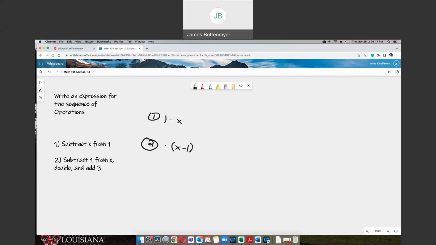And when we say the word double, that means it's going to be multiplied by 2. And then add 3. So that means we're going to add a plus sign and then a 3 on the outside. So in other words, for number 2, our expression for the sequence of operations would be 2 times (x minus 1), close parentheses, plus 3.